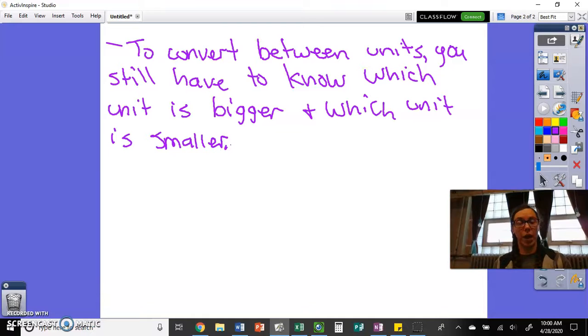The reason for that is because the rule doesn't change when converting on the metric system.